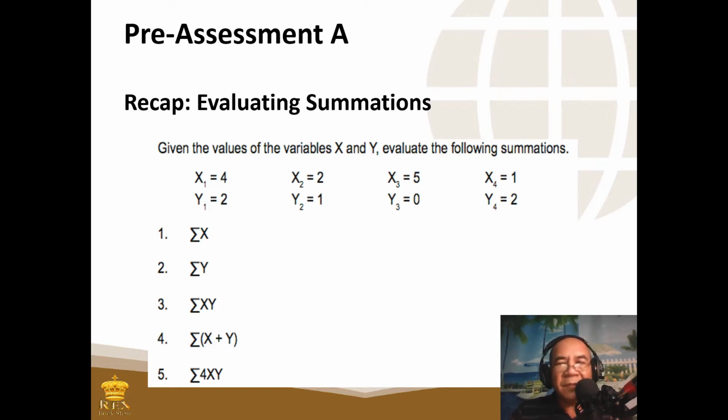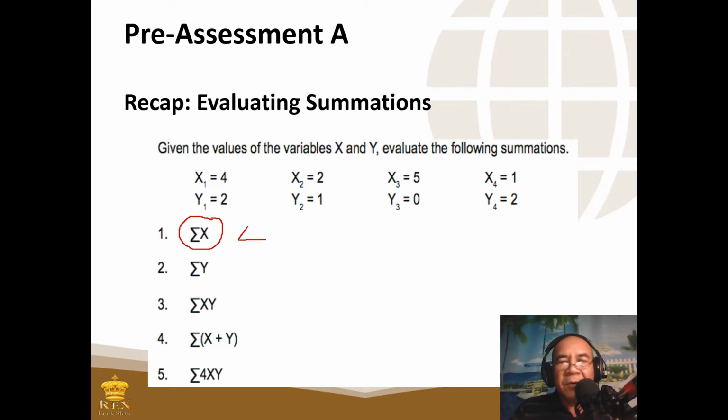So we are given this problem, 1, 2, 3, 4, 5. All we have to do is to substitute the value of, say, for example, summation. This is summation of x. So all you have to do is to add all the values of x.